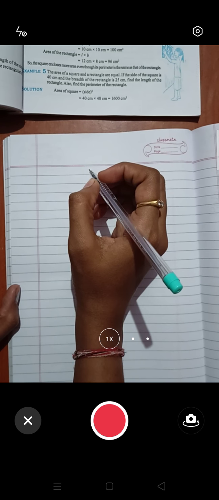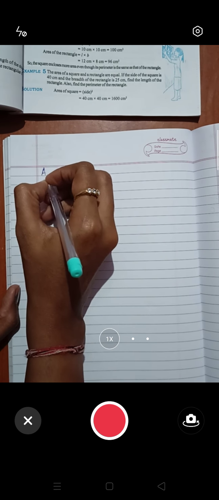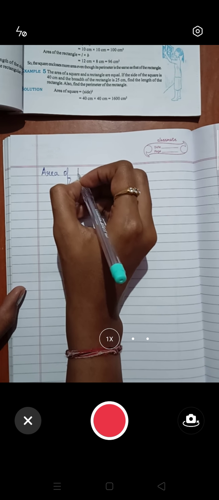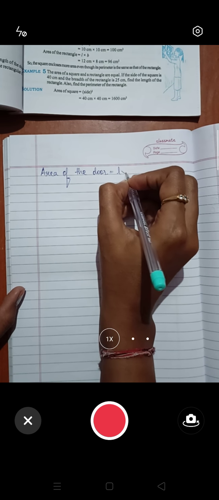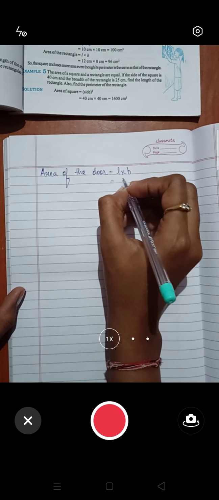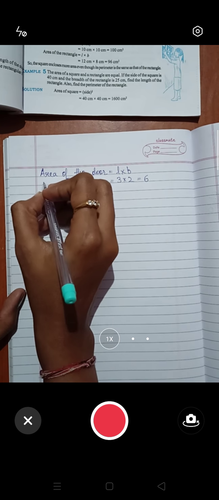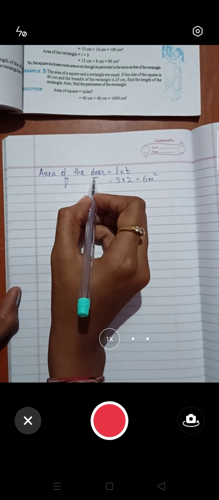To find out the labor charges, let us first exclude the area of the door. To calculate the area of the door, area of the door is equal to length into breadth. So we have 3 into 2. 3 twos are 6. Since it is area, we need to square up the unit. So it is 6 meter square, the area of the door.